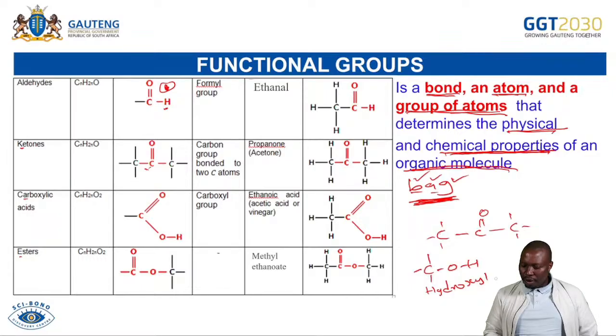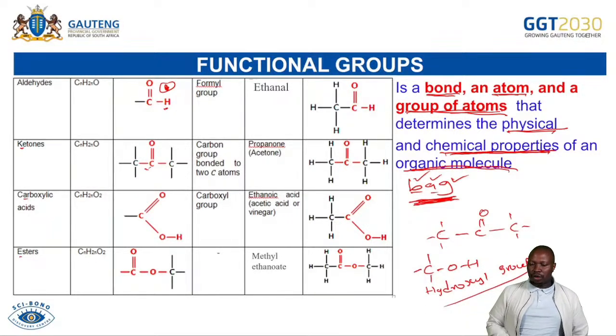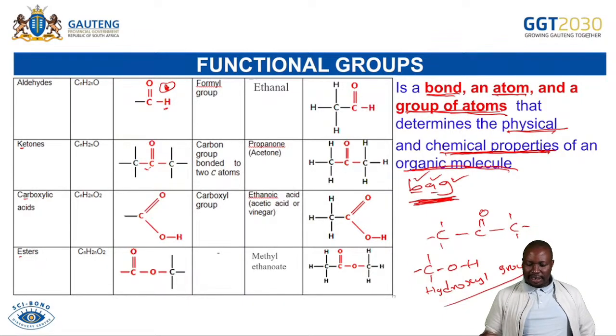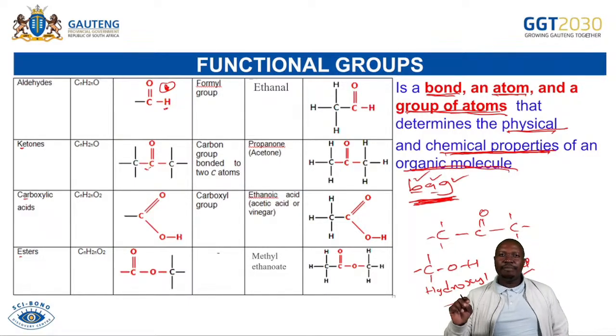So the name of the functional group of alcohols is called the hydroxyl group. The name of the functional group of aldehydes was one of the questions in the exam, and learners didn't do very well. So these names are important. We're saying know them by name.